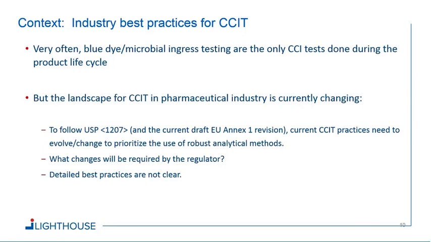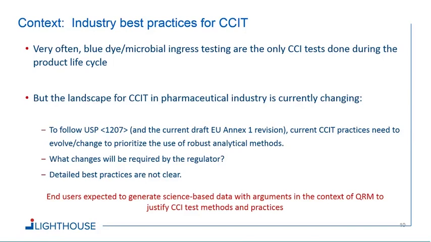So I think that's what also generates the interest in a webinar like this one, and that's also what we see when we speak with companies who are performing CCI testing. We are in the middle of an evolution, I think, of best practices, and hopefully this webinar will give you some ideas of how you can evolve your CCIT practices in your work.